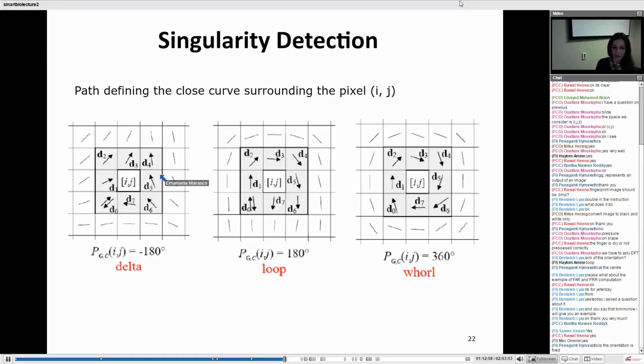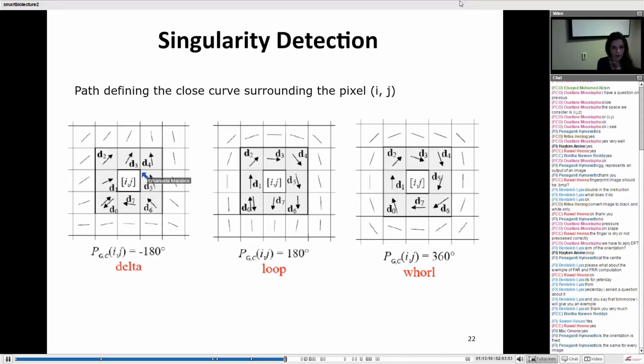The orientation is the local ridge orientation as we defined yesterday too. It's a fixed value in the sense that for each pixel it is the angle between the x-axis and the tangent to the ridge. So yes, it's fixed for every point, right?